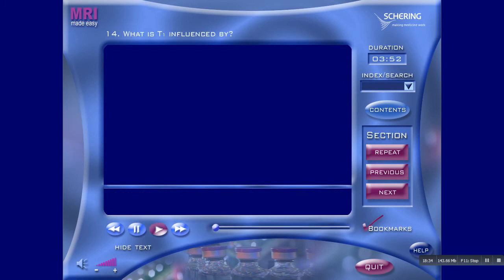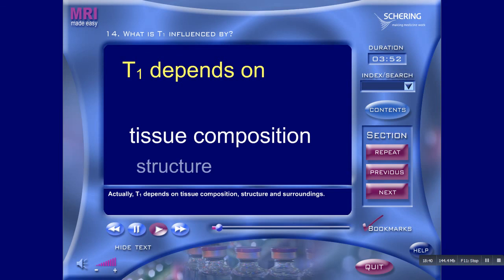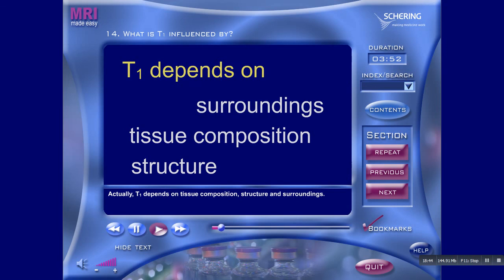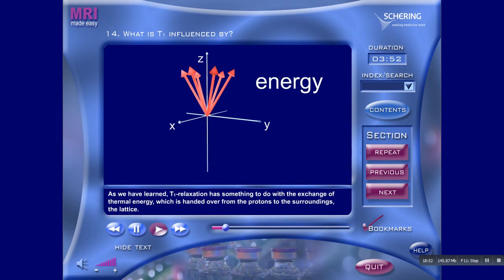Actually, T1 depends on tissue composition, structure, and surroundings. As we have learned, T1 relaxation has something to do with the exchange of thermal energy, which is handed over from the protons to the surroundings, the lattice.